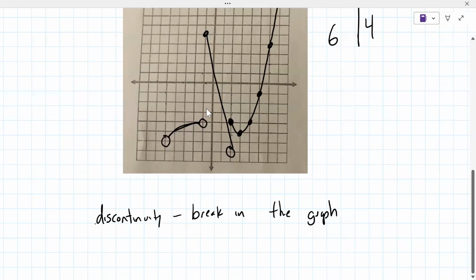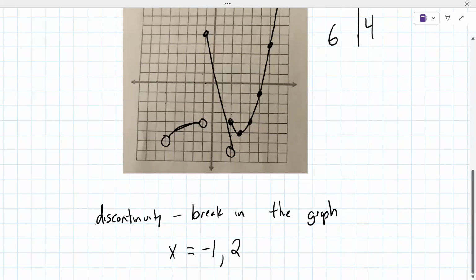Yes. Okay, and the discontinuities are x values. So it's discontinuous at -1, and then you're back on the graph, you're going down here, you're fine. And then what happens from this open circle to this closed circle? There's another break. So it's also discontinuous at 2.